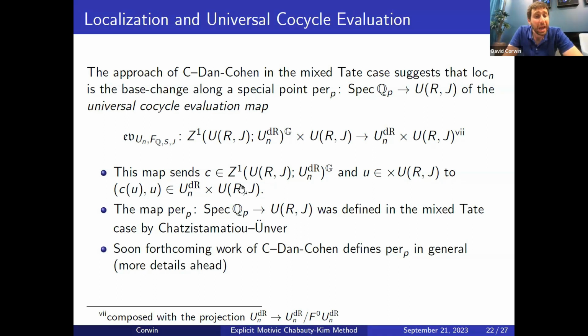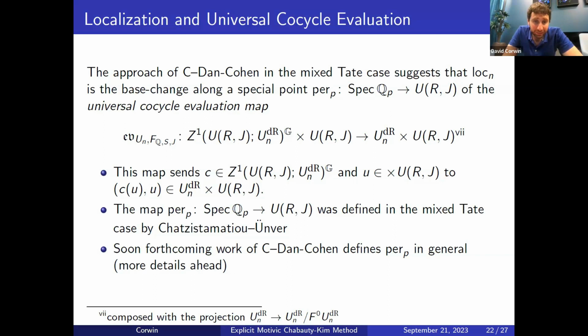Okay, and now what we can do is if we have a map from Spec Q_p to U_R^J, in other words, if we have a special point of period p of U_R^J, we can pull back the universal cocycle evaluation map along our map from Spec Q_p to U_R^J, and that gives us a map from the Selmer variety to U^N.